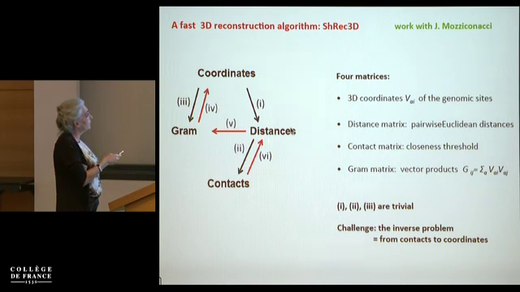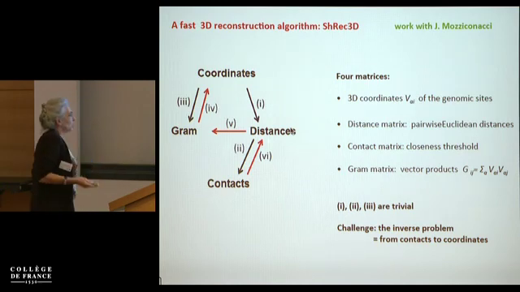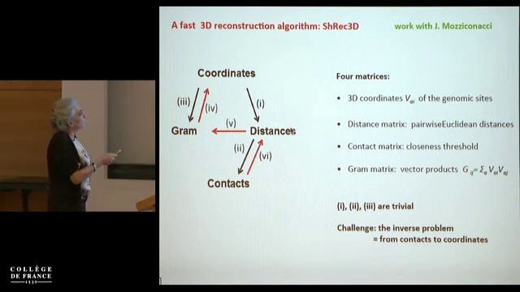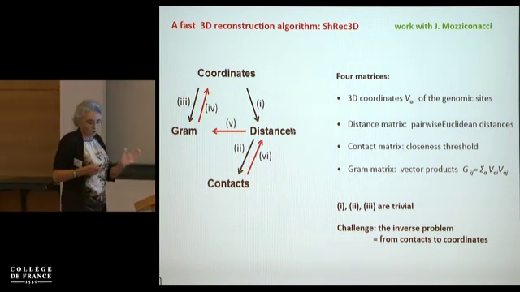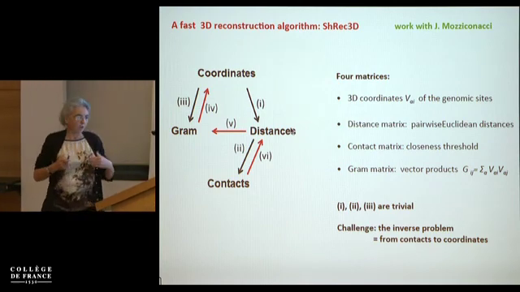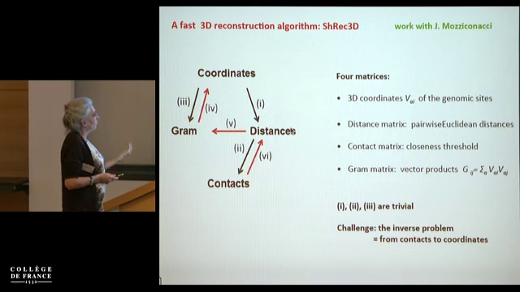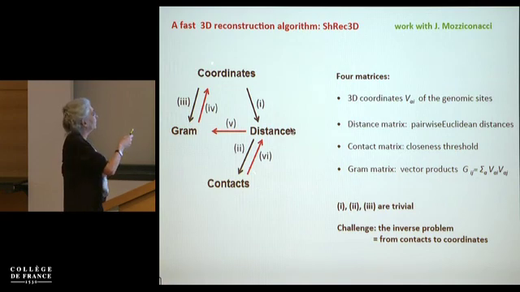To the distance, it's simply the expression that we all know of Euclidean distances. From distances to contacts, you simply choose a threshold, and all the distances short enough correspond to a contact. The challenge is to do the reverse way, that is, from the contacts to the coordinates.